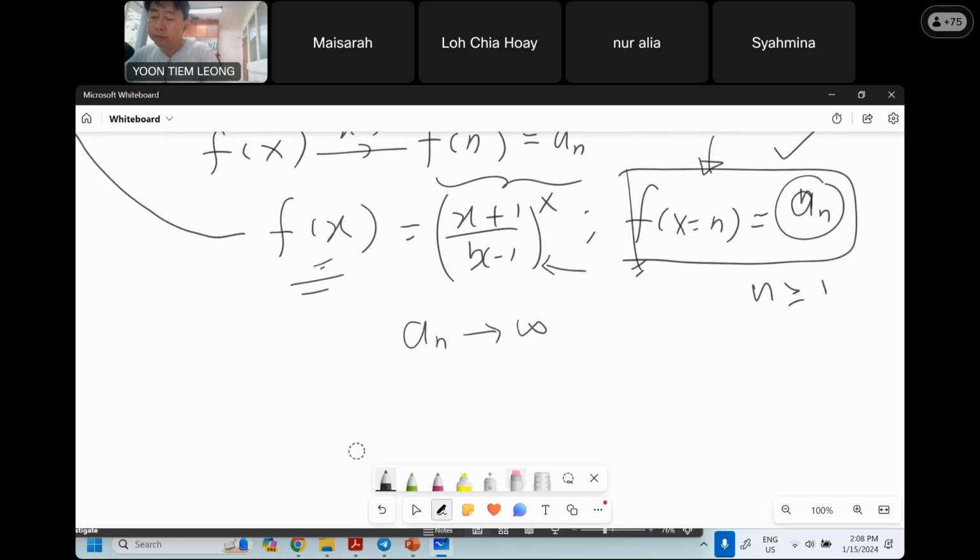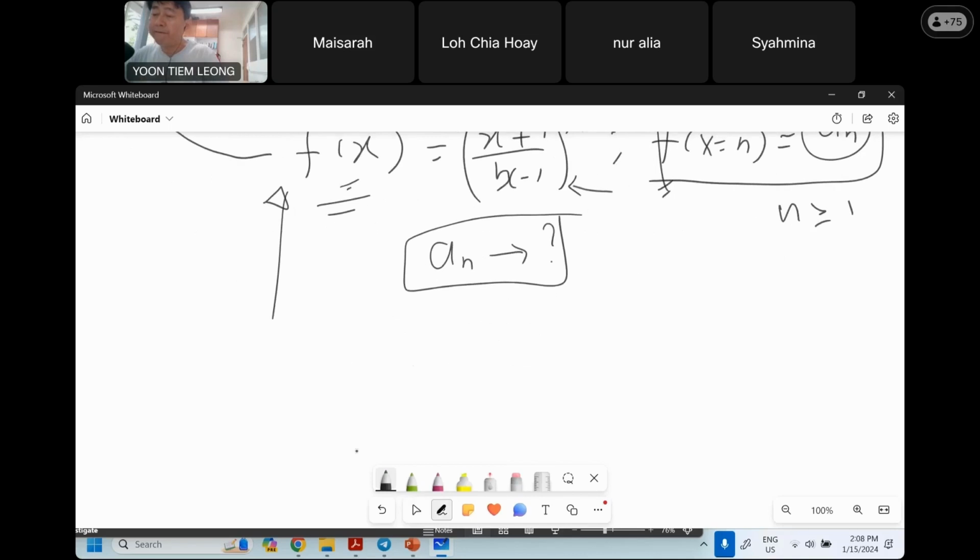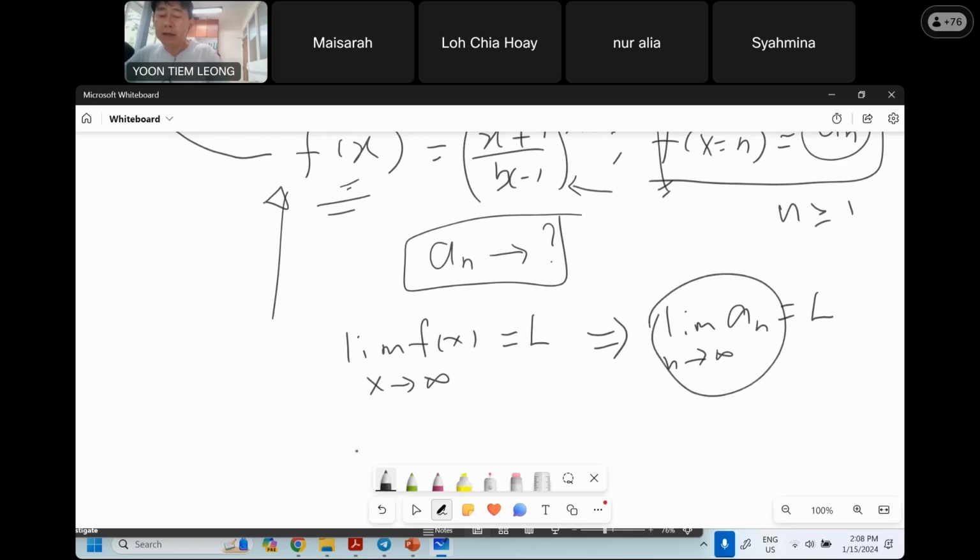We want to find the limit of a_n when n goes to infinity. This limit could be obtained from the limit of f(x). According to theorem 5, if the limit of f(x) when x tends to infinity exists, then it infers that the limit of a_n when n goes to infinity is the same. Therefore, calculating the limit of the sequence a_n is now translated into calculating the limit of f(x) when x goes to infinity.